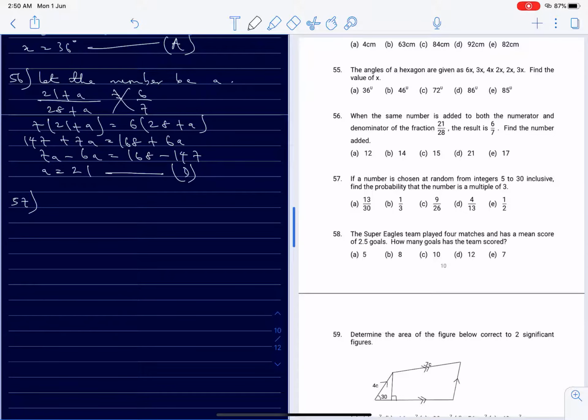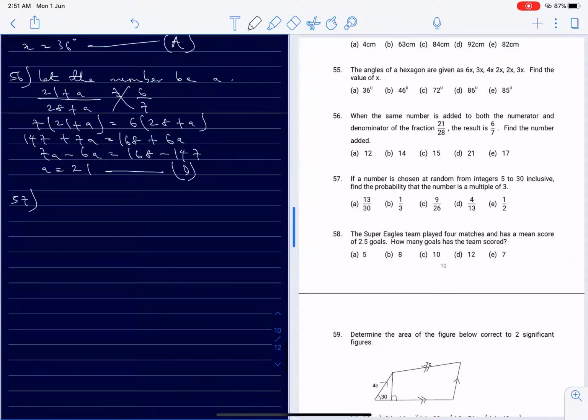If a number is chosen at random from integers 5 to 30 inclusive, find the probability that the number is a multiple of 3. How many numbers are between 5 and 30?